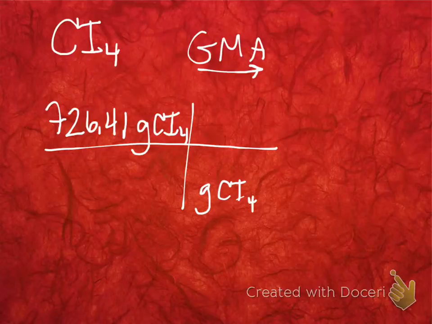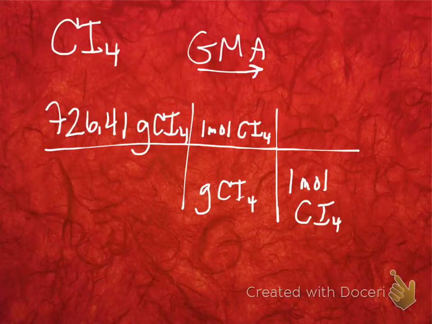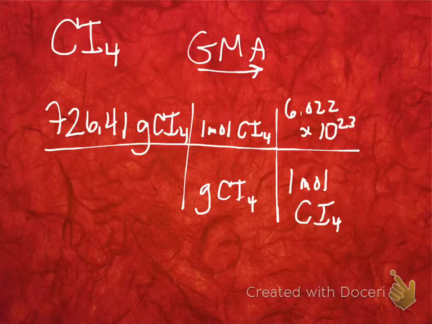You have to go through moles to do this. So how many grams of CI4 in 1 mole of CI4? And then we know how many molecules of anything in a mole of anything. What number is going to go in that last spot? 6.022 times 10 to the 23rd.